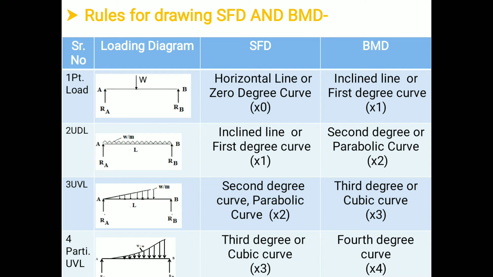Next, if a point load is acting over the beam just like this figure, then in the shear force diagram you can observe a horizontal line or a vertical line, and it is also known as a zero degree curve, because the horizontal or vertical line has a power equal to 0.